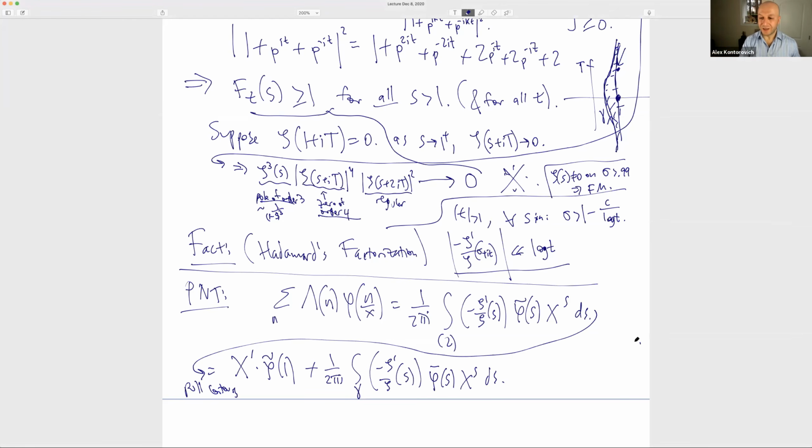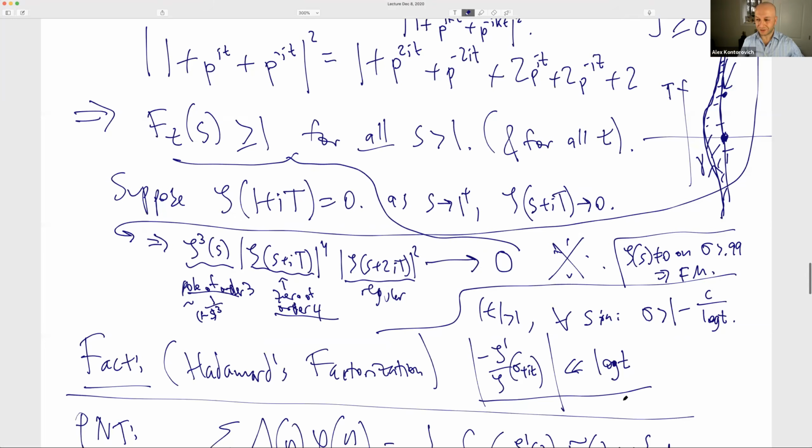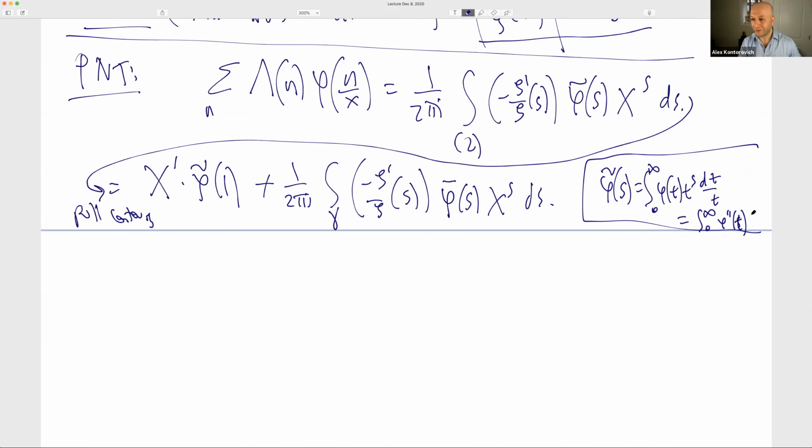Now, φ being a smooth function, φ̃(s), remember, is the Mellin transform of a nice smooth function, the integral of φ(t) t^s dt over t. And if we take two derivatives, φ''(t), we've seen this already: φ''(t) t^(s+1) over s(s+1) dt.